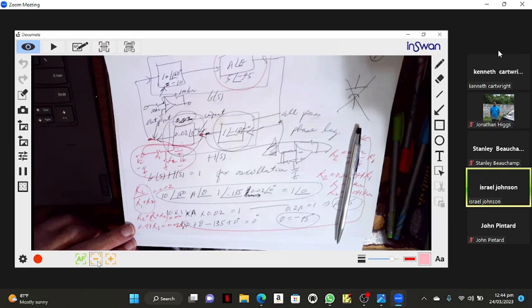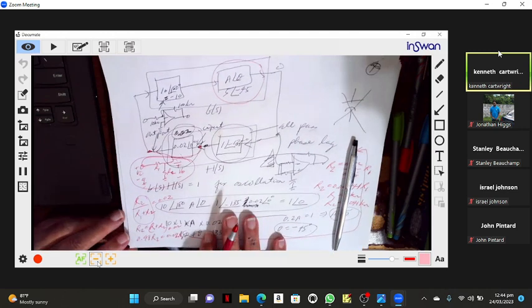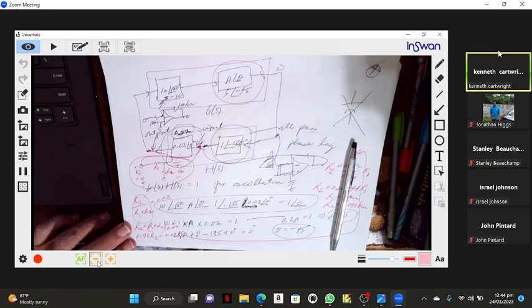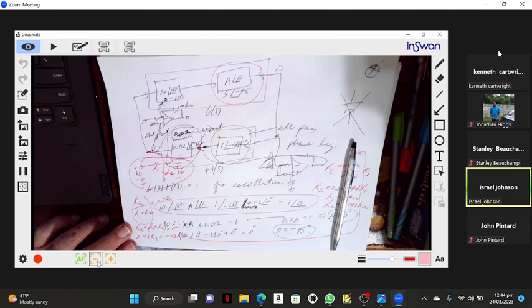Non-inverting. Yeah, that's it. A non-inverting amplifier gives you what gain? We need to get a gain of 5. A positive gain.